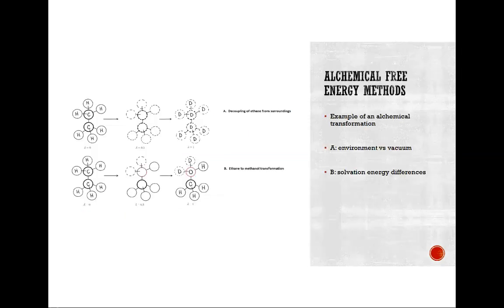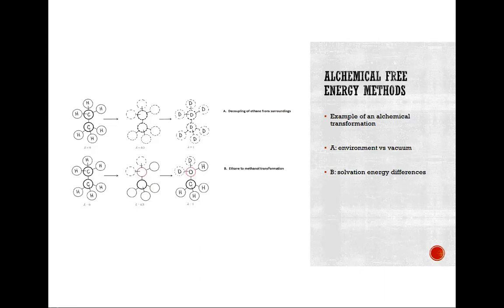In general, this is just my poorly drawn rendition of a figure that was in the text. This is an example of an alchemical transformation where essentially what happens is you take a molecule and you decouple it from its environment by changing the atoms into dummy atoms. This can give you information about the environment interactions versus non-interacting, like with a vacuum.